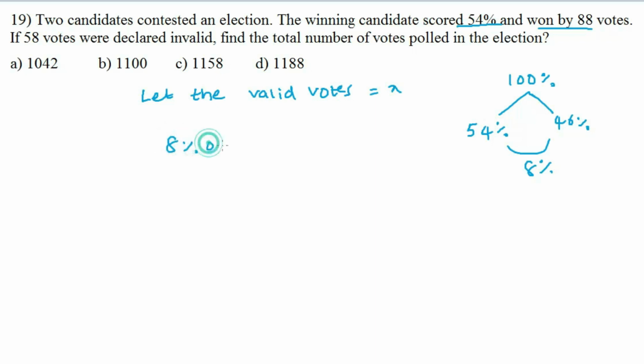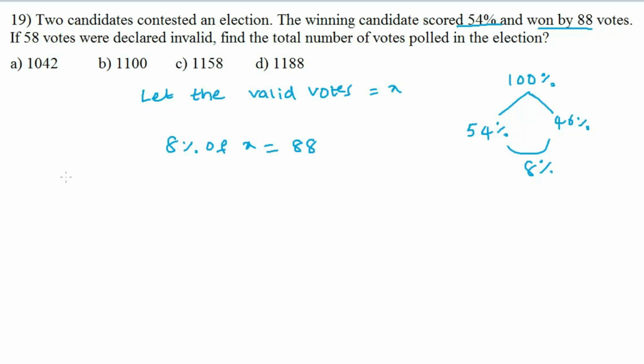As per question, 8% of X equal to 88. 8% of valid votes equal to 88.